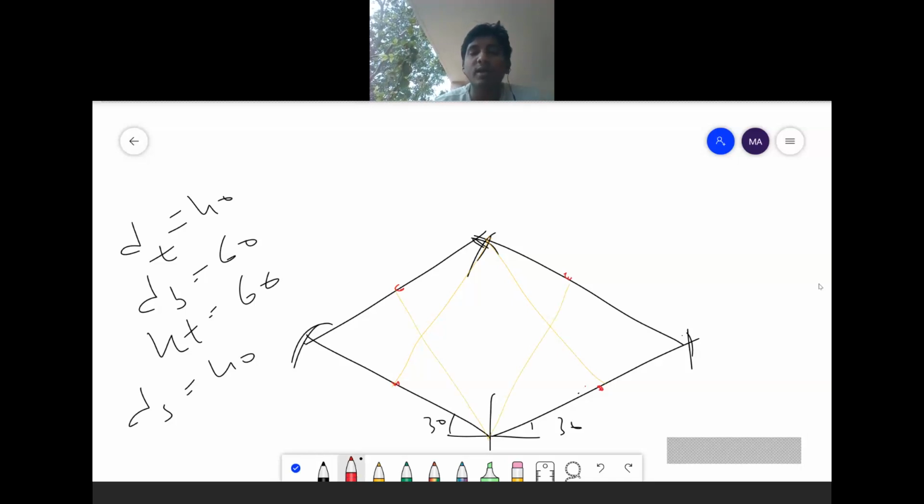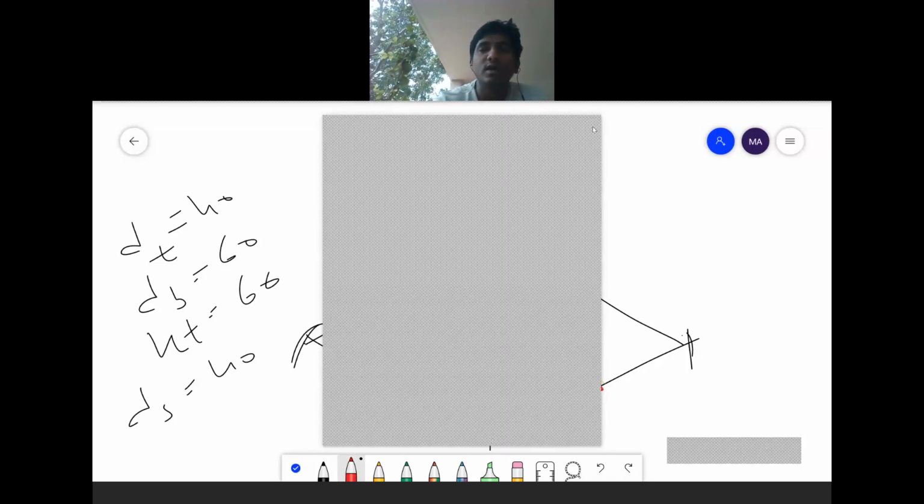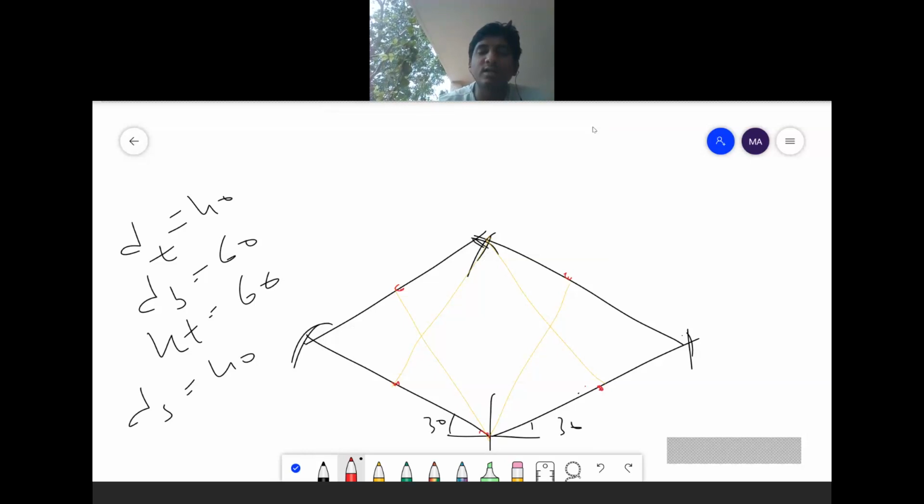After that I'm taking this as center, this as radius, and drawing one arc, and repeating for the other centers.